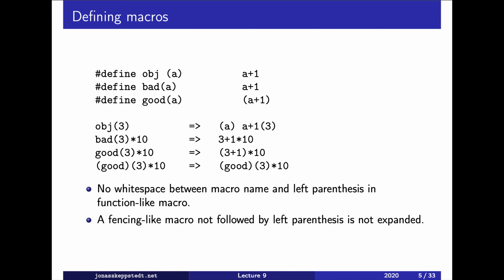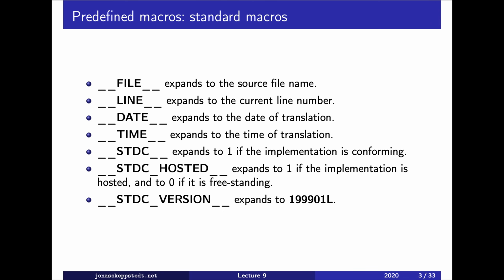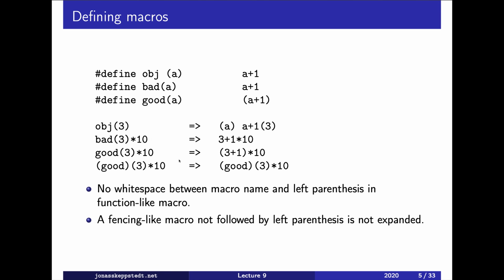So what is now a macro? The ones we have seen here are available from the compiler, so we can just write these identifiers. But if we want to create our own macros, we can do that. We do it with the define keyword, hash define, and then an identifier.